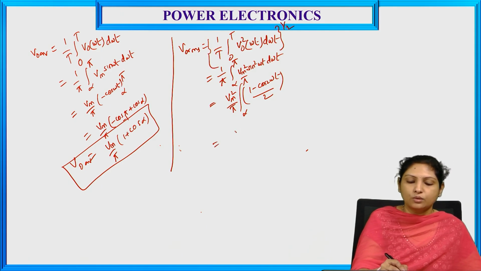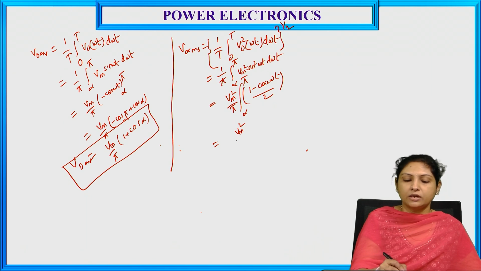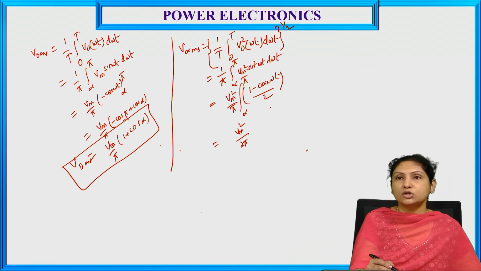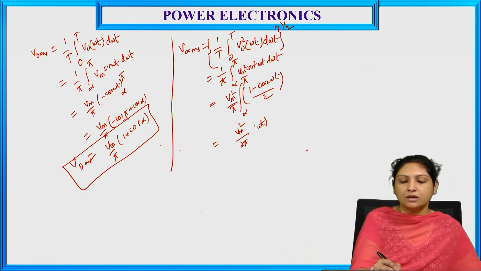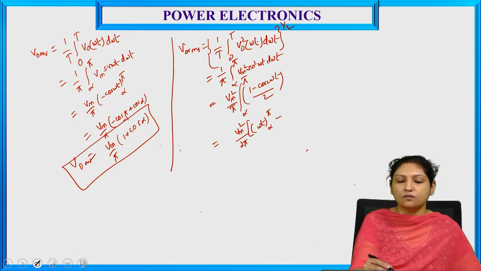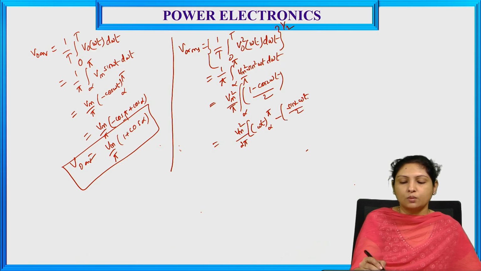So here Vm square by 2, bringing it out, 2 pi, and integration of 1 is omega t conducting from alpha to pi, minus integration of cos 2 omega t is sine 2 omega t by 2 within the limits alpha to pi.